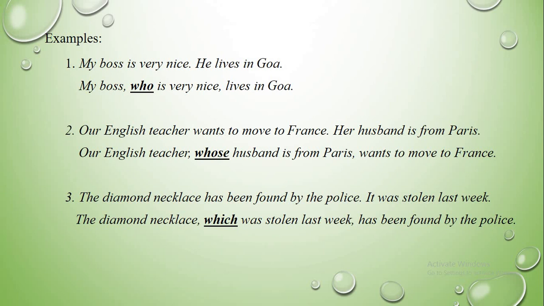The diamond necklace which was stolen last week has been found by the police. So here also we may find that the very important information is has been found by the police. So here, which was stolen last week, that's an extra information that adds with the noun, the diamond necklace, or the subject. Fine.